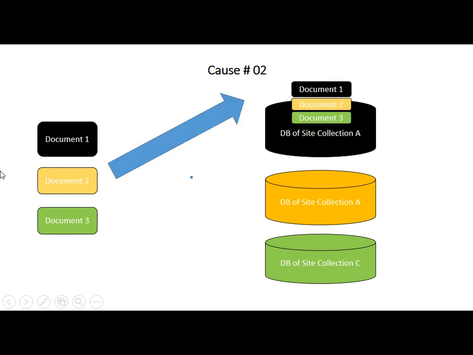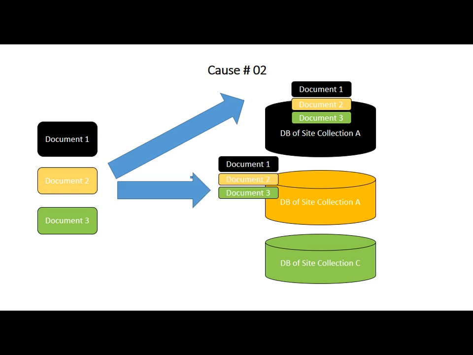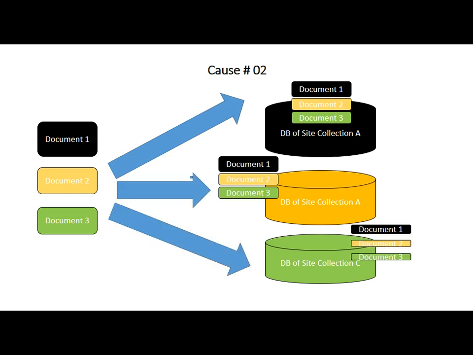Three document copies are saved here, the same three are saved here, and the same three are saved here. It means that data repetition, or multiple copies of the documents, are being saved in your databases.